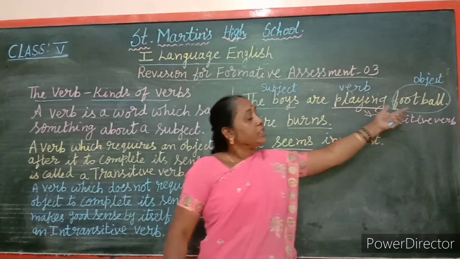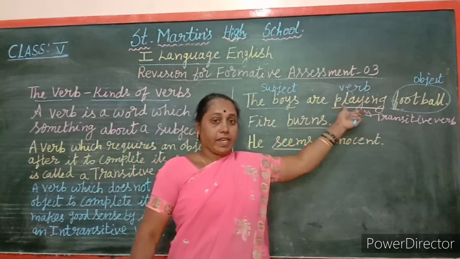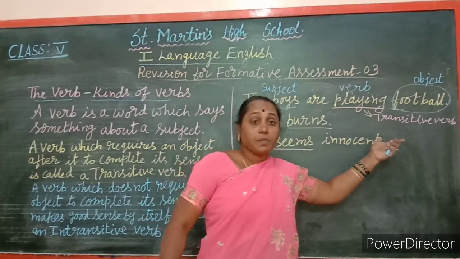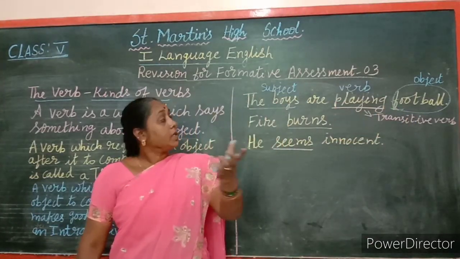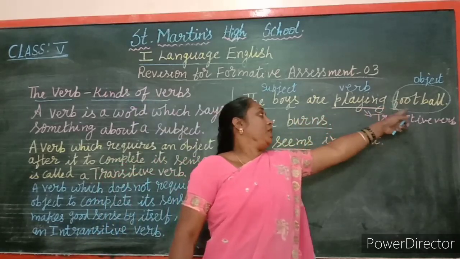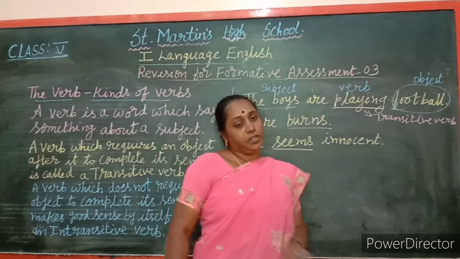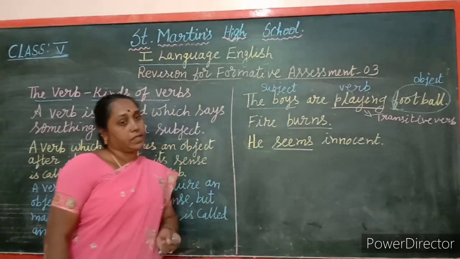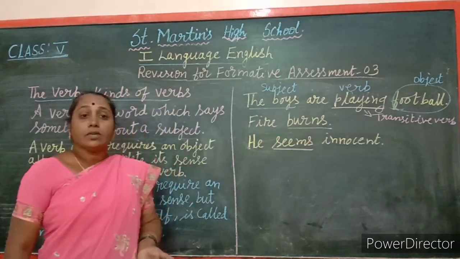Here, which is the object? Football is the object. So, which is the verb here? Playing. What are the boys playing? The boys are playing football. So, here, if the verb has an object, then you call such kind of verb as transitive verb. Now, come to the next sentence. Fire burns. Which is the verb here?